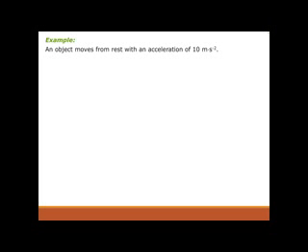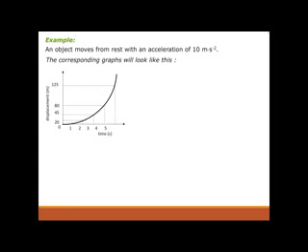If we look at an example, because it sometimes makes it easier, for an object that moves from rest with an acceleration of 10 meters per second squared, using equations of motion I can actually get values. The scales moved a little bit on this, which happens.